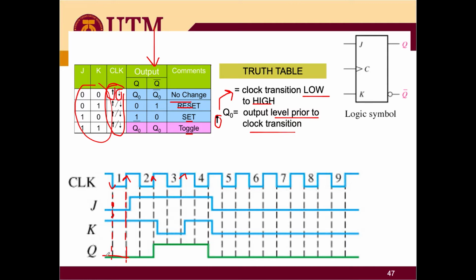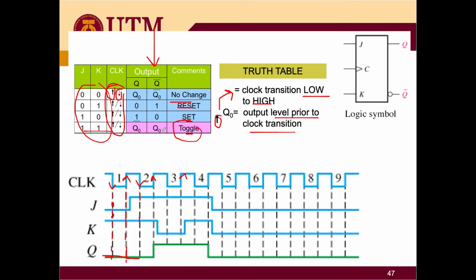So 0 1 is reset, and over here is 0 1 also, it's reset, and until the next clock, you can see over here the value is 1 1. So 1 1 it will toggle.